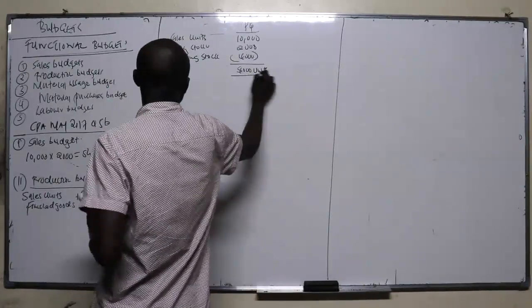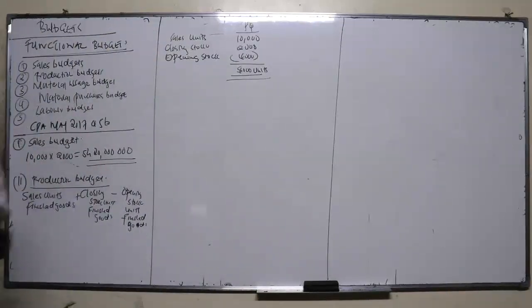So this one will give you the 8,000 units. These are the units that they're going to produce. So they estimate to sell 10,000 units. What are the closing stock? Their closing stock should be equivalent to 50% of the opening stock, according to note number 6.